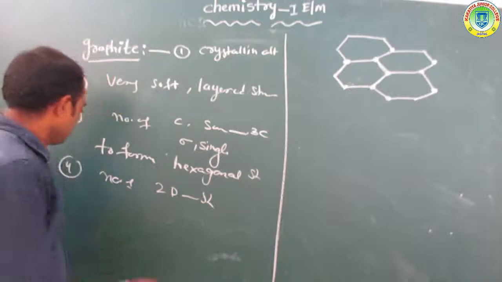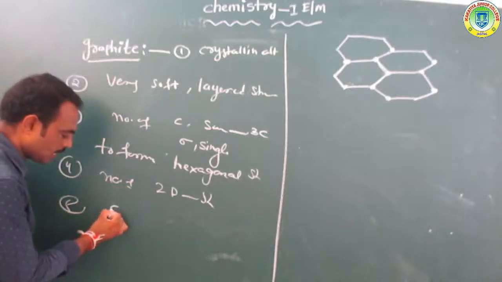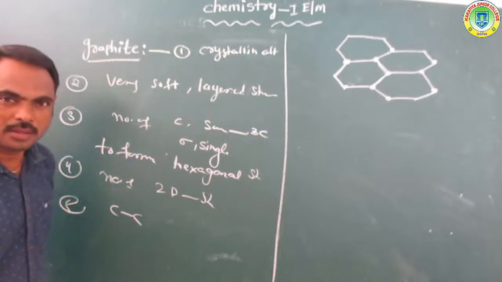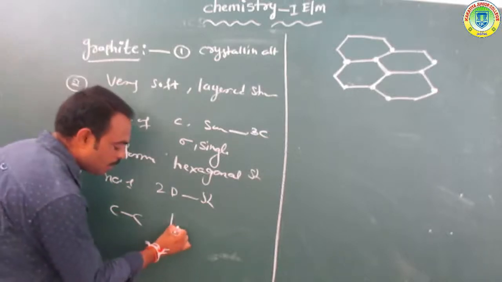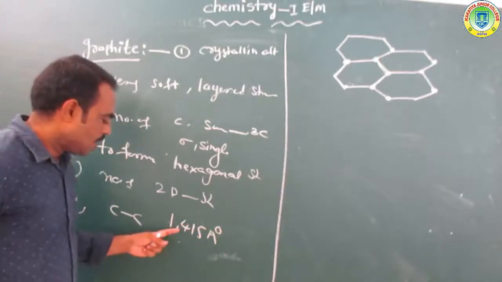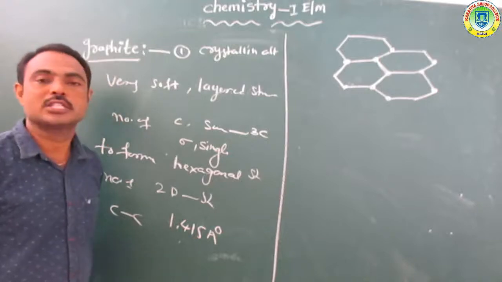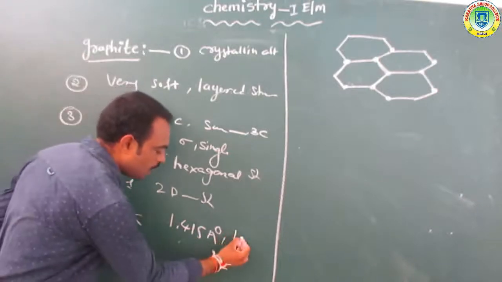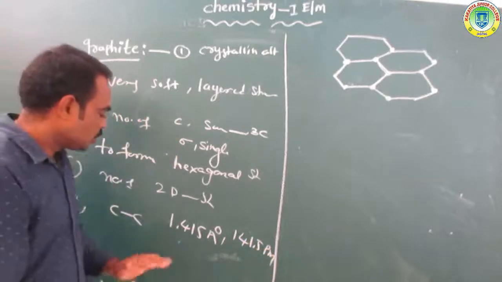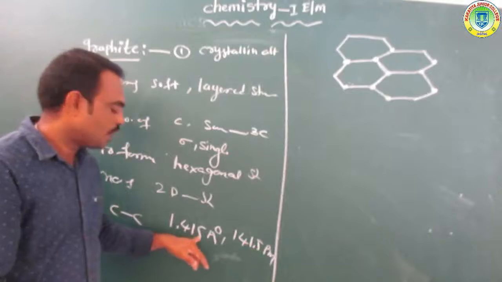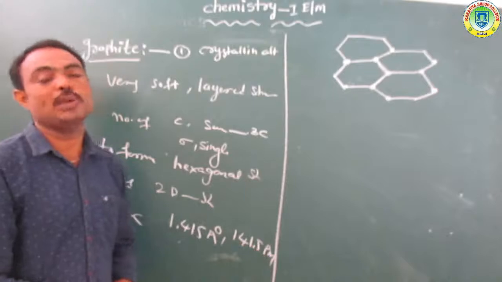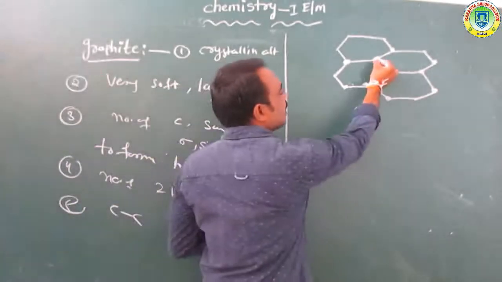Between carbon and carbon in graphite, the bond length is 1.415 angstrom units, or 141.5 picometers. That is the distance between carbon and carbon.